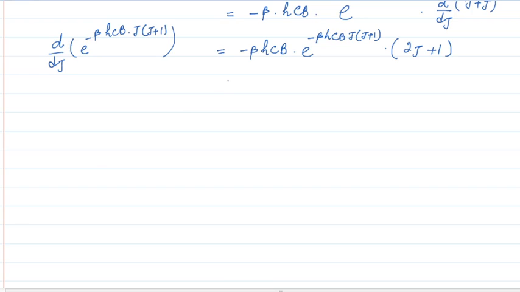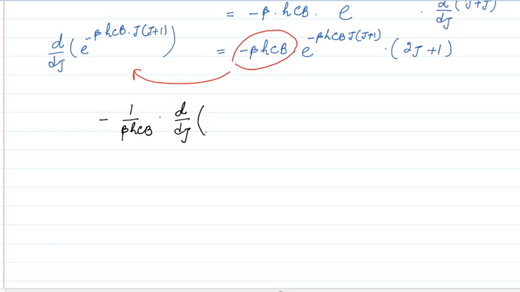Here what we do, we will simply take this part here to this side. So we can write here minus 1 upon beta hcb into d upon dj into e raised power minus beta hcb j into j plus 1.